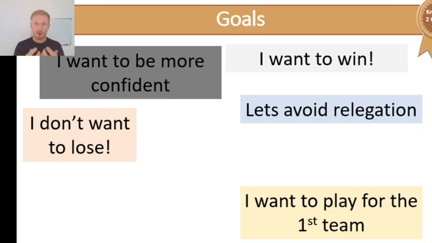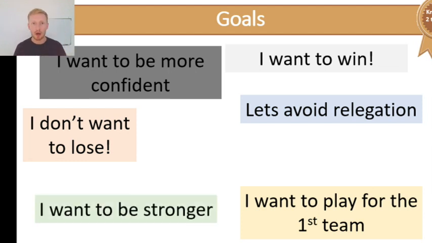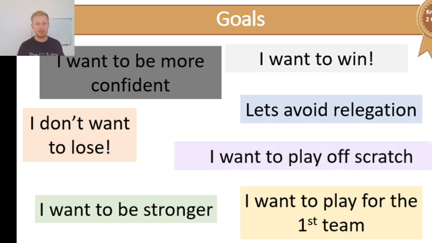I want to play for the first team. You're fed up of playing for the second team or the third team. You want to get into that top team. I want to be stronger, if we're talking about individual fitness goals in the gym, let's say. Or if we're talking about judo or karate or martial arts. To be stronger is a good goal to aim for. And I want to play off scratch.